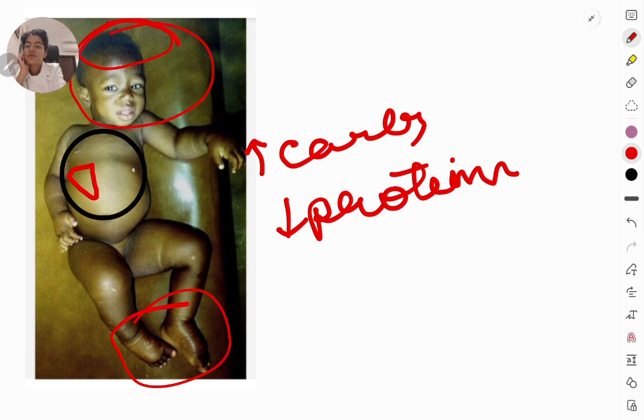So again I am repeating: discoloration of hair and skin, edema, moon-shaped face, more carbs and less protein are seen. He is feeling apathy. Also, he is suffering with diarrhea. So all this is indicating that he is having kwashiorkor.